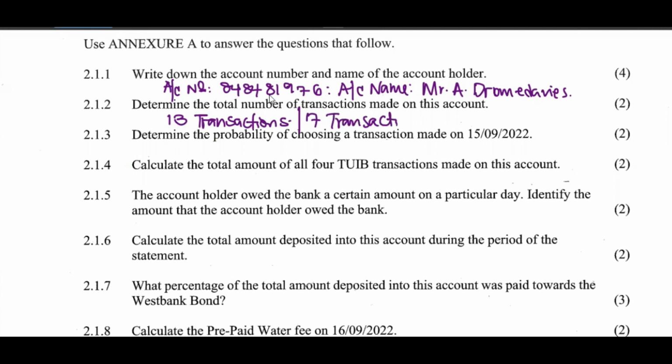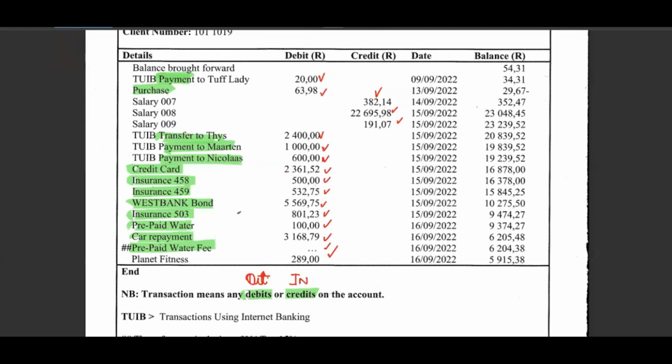There are 17 transactions. Okay, determine the probability of choosing a transaction made on the 15th. We shall come here, count for the 15th. Let's see. We have 1, 2, 3, 4, 5, 6, 7, 8, 9, 10.